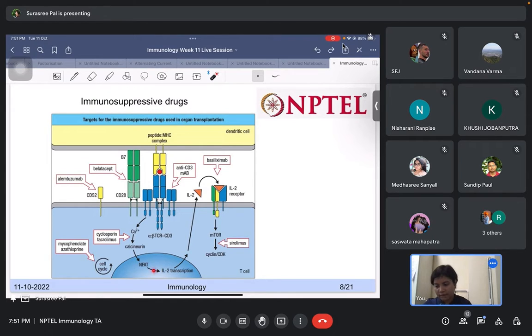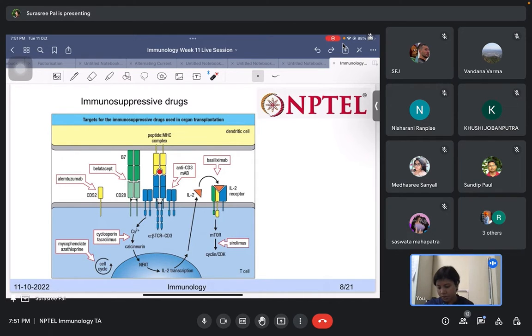If NFAT cannot come to the nucleus, it will not be able to induce IL-2 transcription, which is why the IL-2 response by which the T cells can proliferate will be stopped. That is the role of cyclosporine.